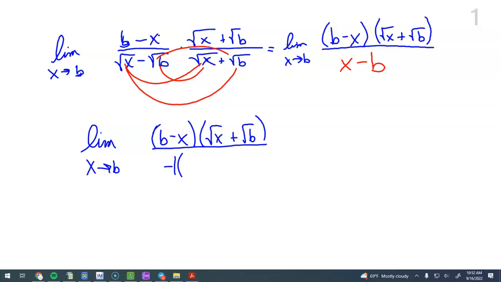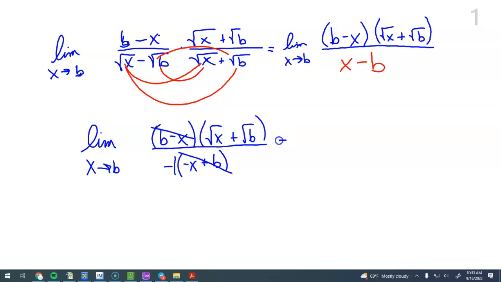Negative x plus b. And isn't negative x plus b the same thing as b minus x? So now they'll cancel. You've got to see that trick, or you're just kind of stuck. To me, that's the harder part of this method.